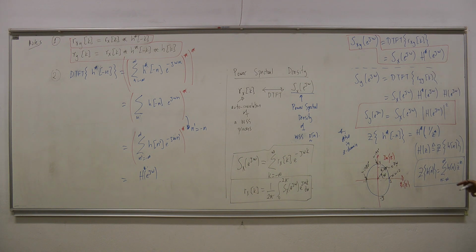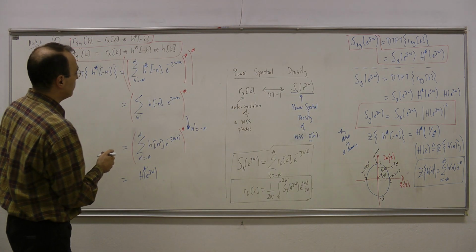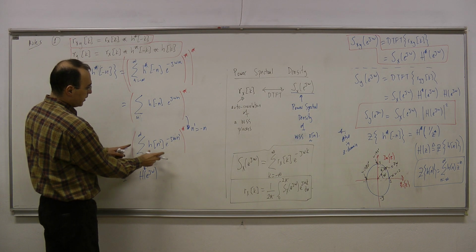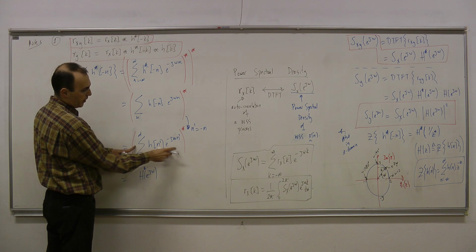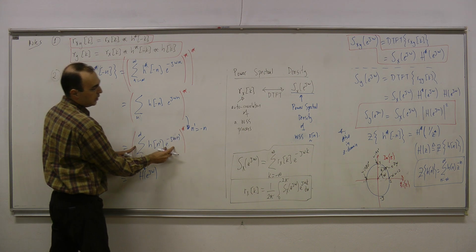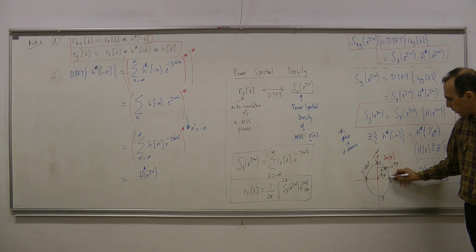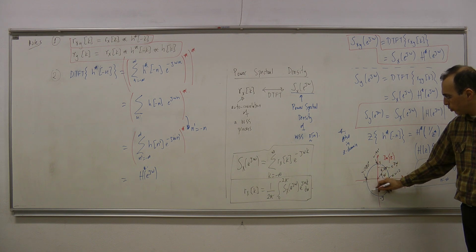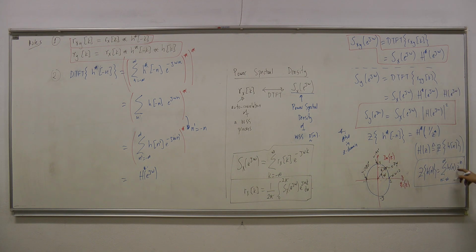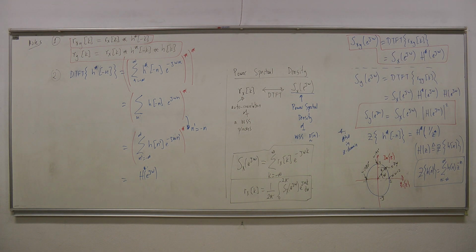So what I am trying to tell is, when z is equal to e to the j omega, I'm evaluating the Fourier transform, exactly this one, without this part. So as omega changes, I'm evaluating this Z transform on the unit circle at different locations as omega changes. That is the deal, okay?